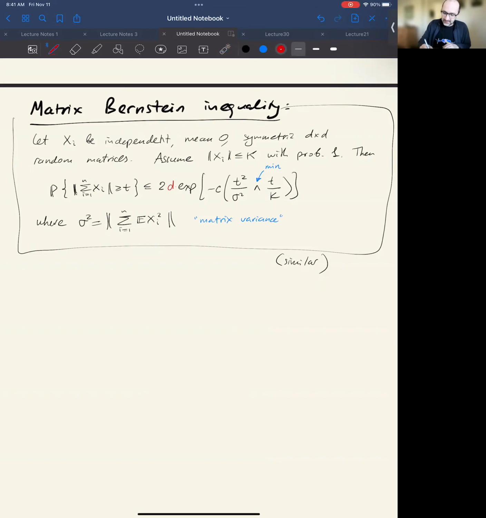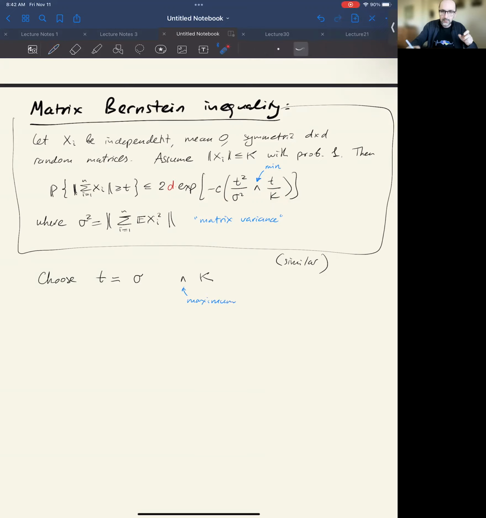Okay, anyway, if we want the right-hand side to be small, then what t do we choose? We choose t to fight both the sigma squared and k. So t should scale, in the first approximation to the truth, like the larger one of sigma and k. And this is a maximum.